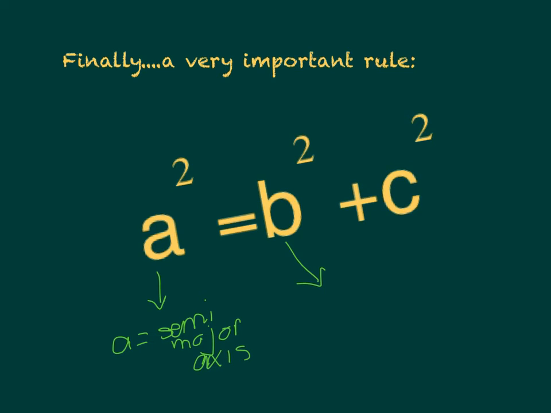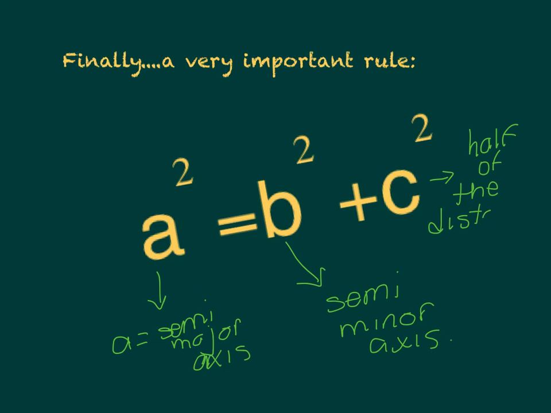B is always going to be the semi or half of the minor axis. And C is going to be half of the distance between the two foci.